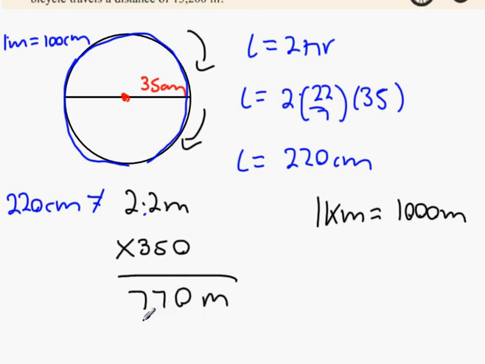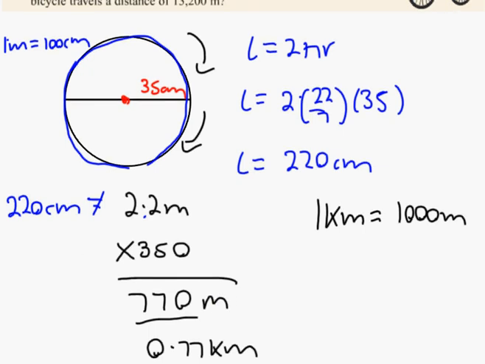We don't have 1,000 meters, we have 770. Are we expecting a number bigger than 1 or smaller than 1? Smaller. Divide 770 by 1,000 and you get 0.77. 0.77 kilometers. Is that right?